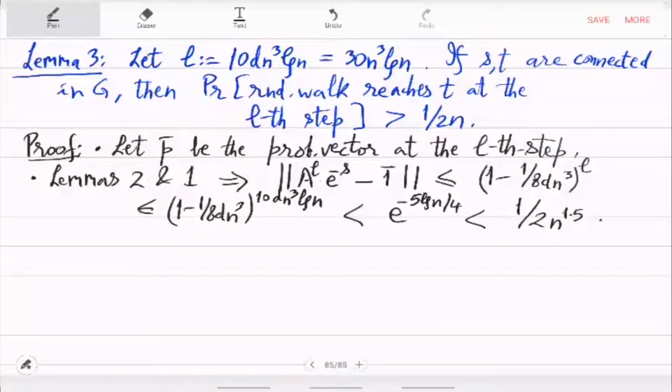Now there is this small thing that for the difference vector, we have taken the Euclidean norm. So from this you can extract information about each coordinate, how small each coordinate is. That you do by the Cauchy-Schwarz inequality.